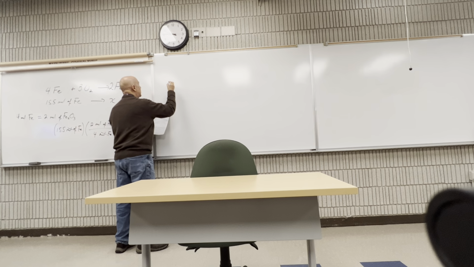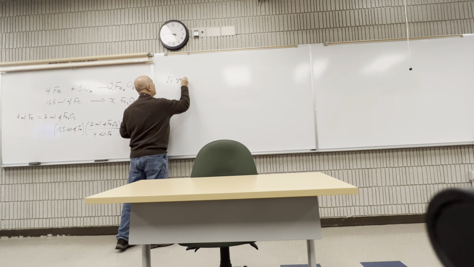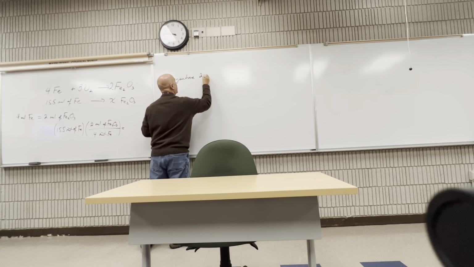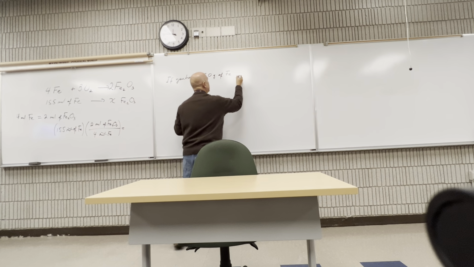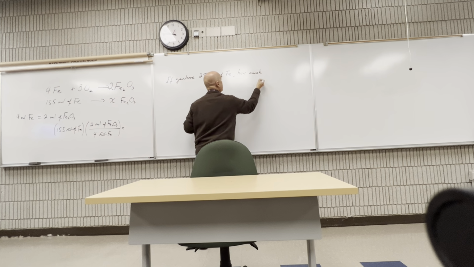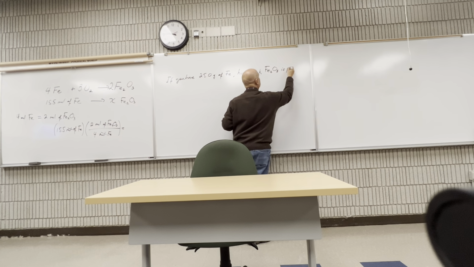So what if I were to tell you, if you have 25.0 grams of iron, how much Fe2O3 is produced?